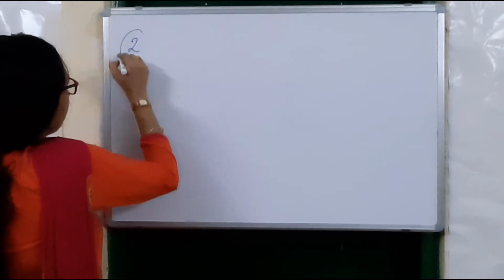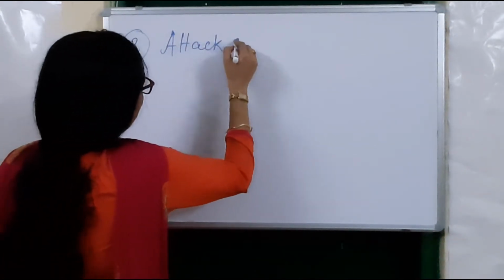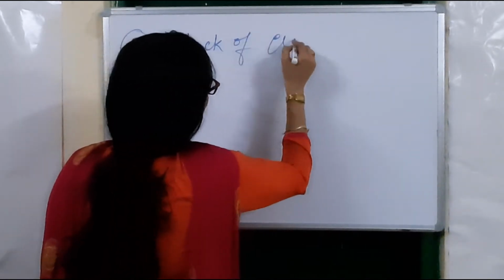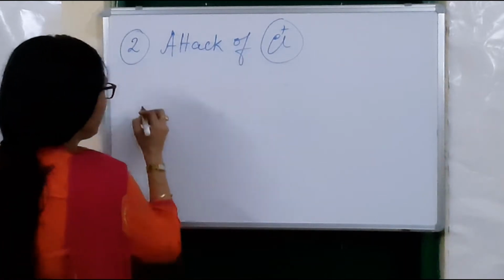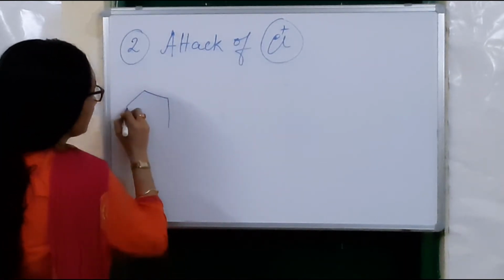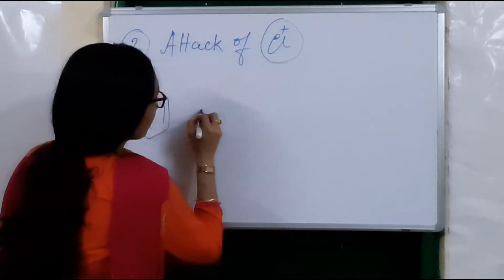The second step is the attack of Cl plus, or the attack of the electrophile. Let us see who will attack the Cl plus. Here you have the benzene ring.